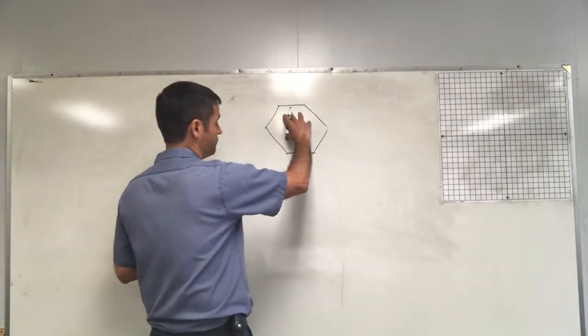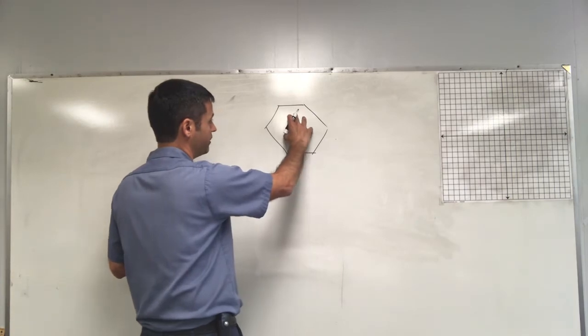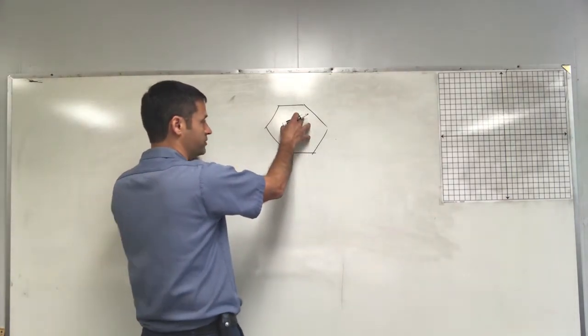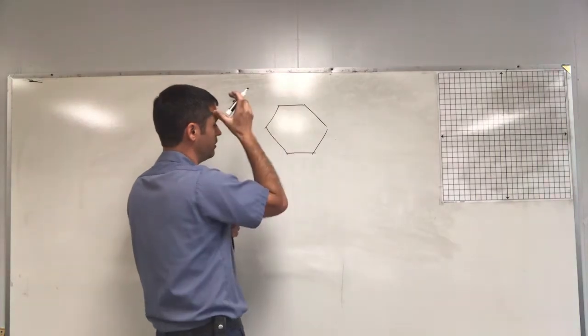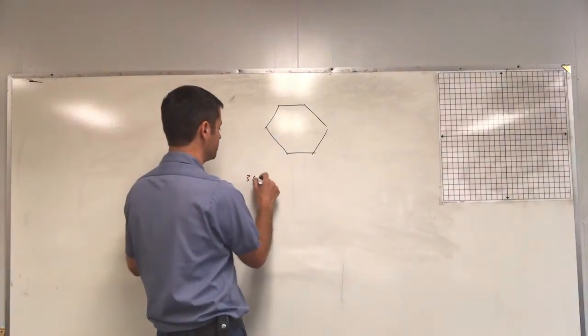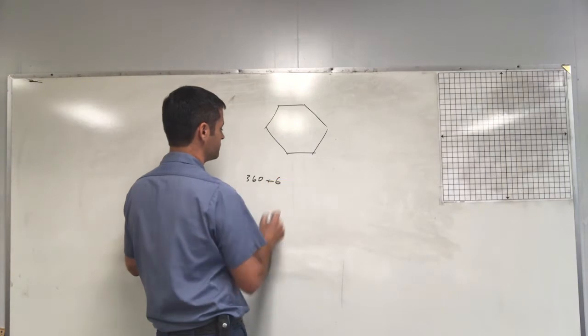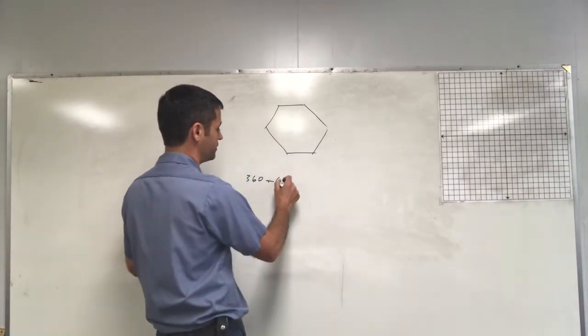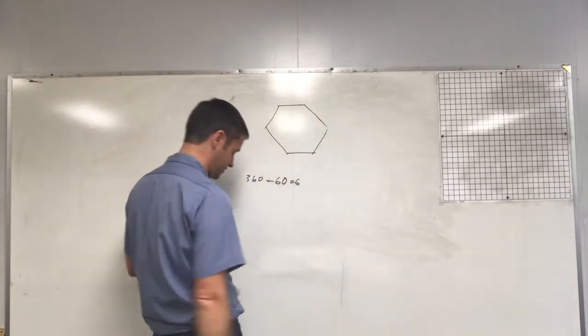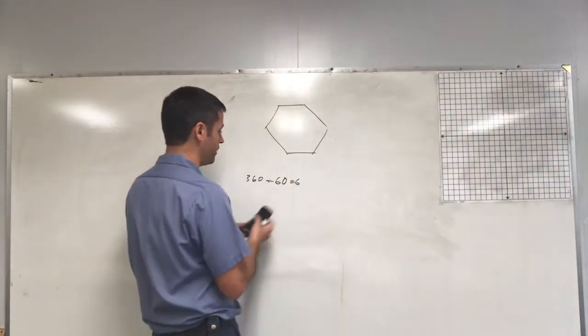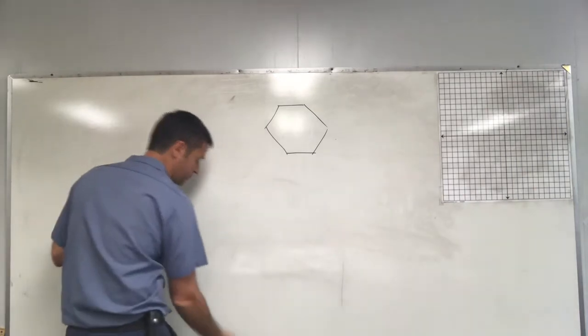We said if this is a regular hexagon, it has an angle of rotational symmetry of 60 degrees. Every 60 degrees, it clicks back with itself, which means if you take 360 divided by 60 degrees, it equals 6. 6 times, which makes sense. It has 6 faces, and that's including back as it gets around to the other side.